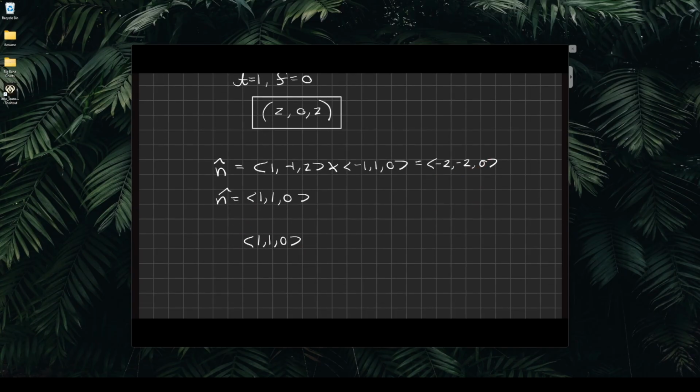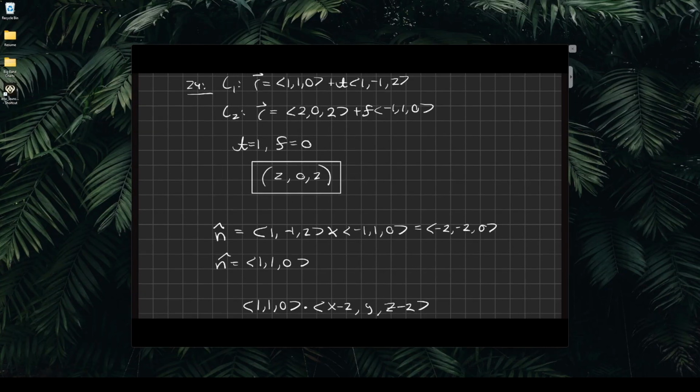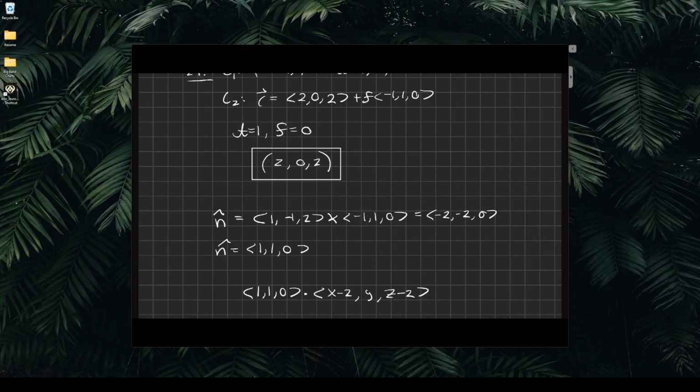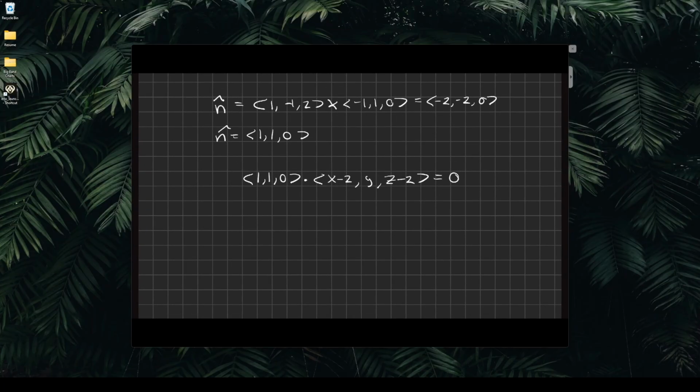So you'd have 1, 1, 0 dotted with, now we need the displacement, so x minus 2, y, and then z minus 2. Okay, so this dot product evaluates to 0, which implies, at least if we do the algebra, that x plus y is equal to 2. So this would be our equation.